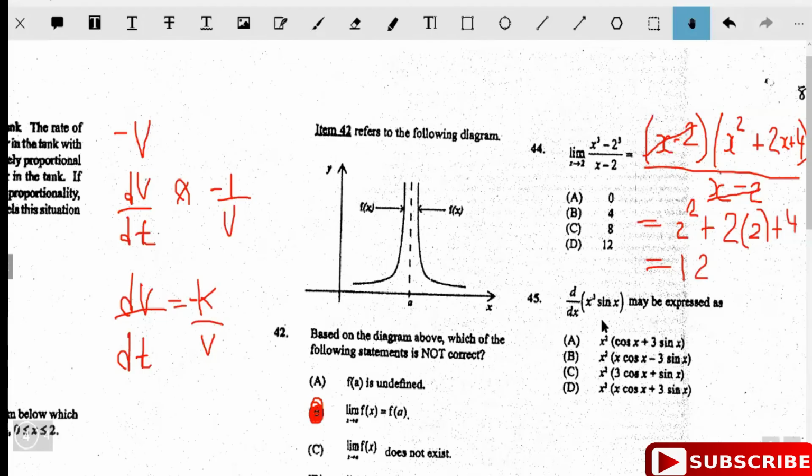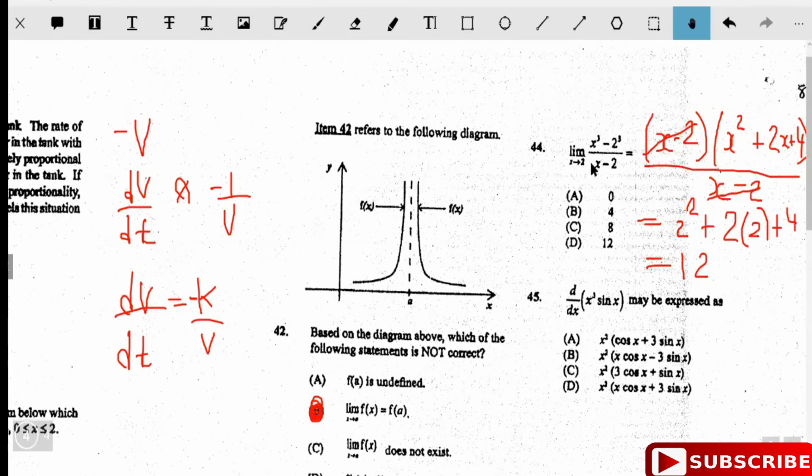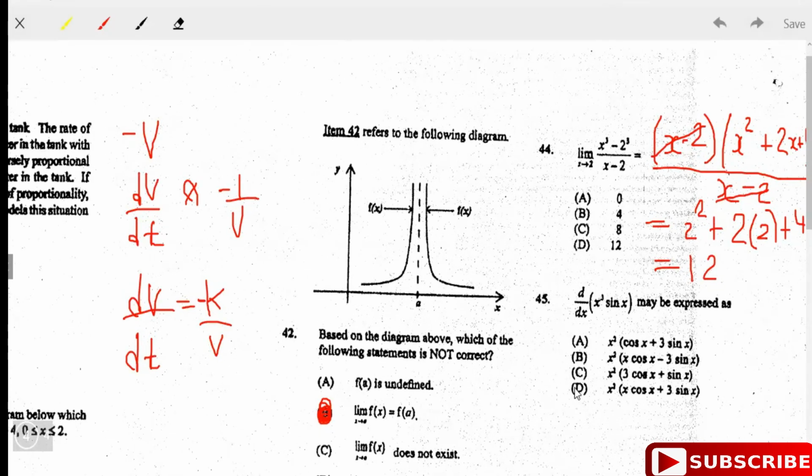All right. Now right here we have x cubed times sine x. So it asks for the first derivative of x cubed times sine x. This is a repeat question. What is this? Delta. Very good. It is delta.